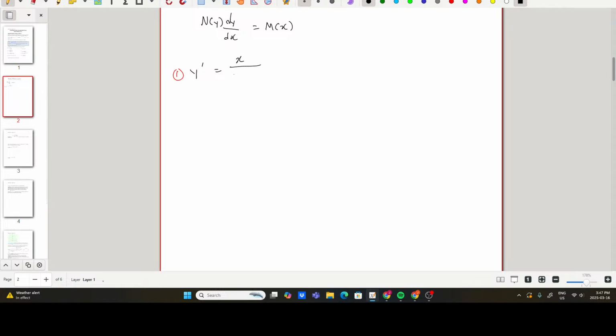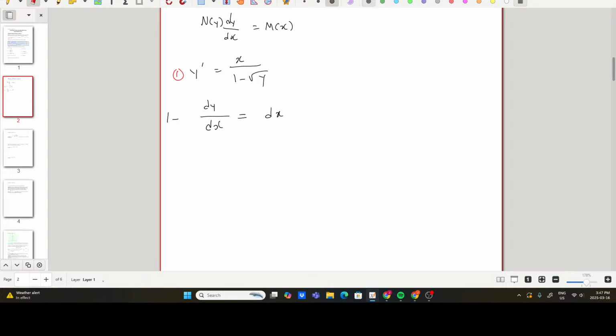So let's rewrite what I have: 1 minus root y. What am I doing?